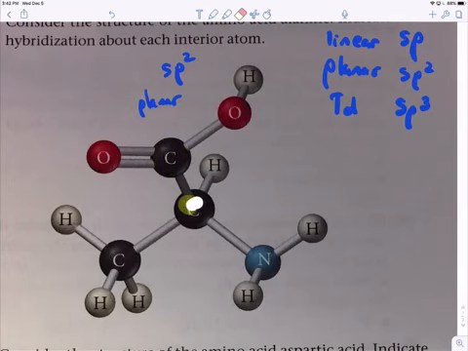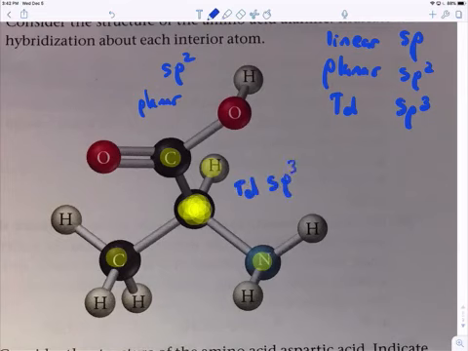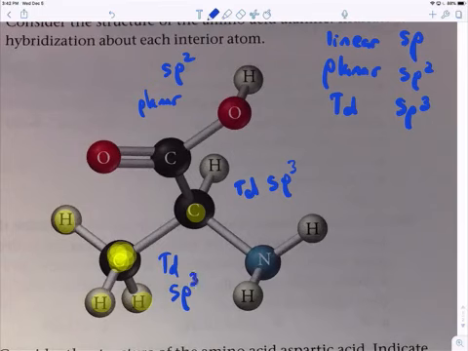If you look at this carbon center, it has 4 groups, which means tetrahedral or sp3. If you look at that carbon center, it has 4 groups, which is tetrahedral or sp3. So, questions on how I'm doing this?